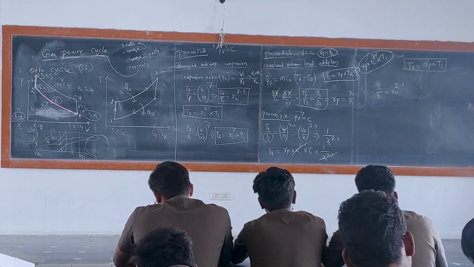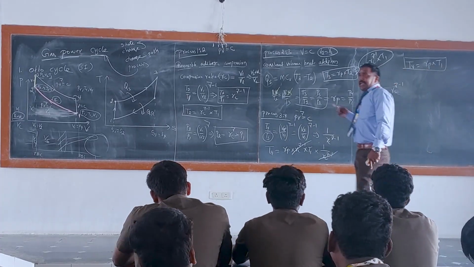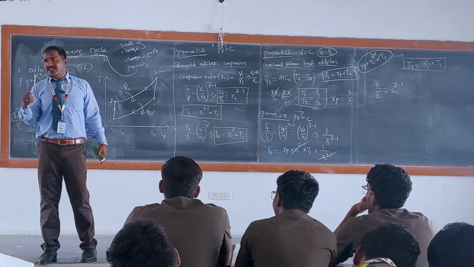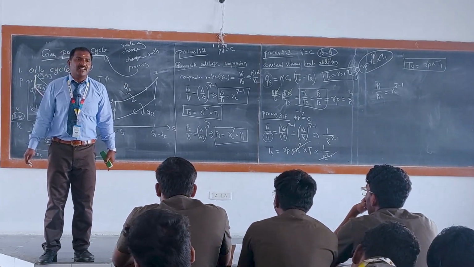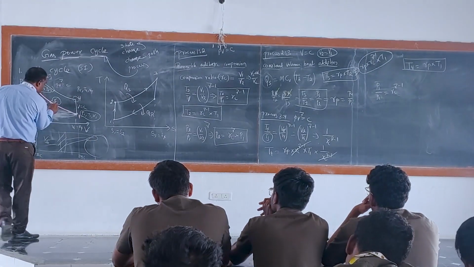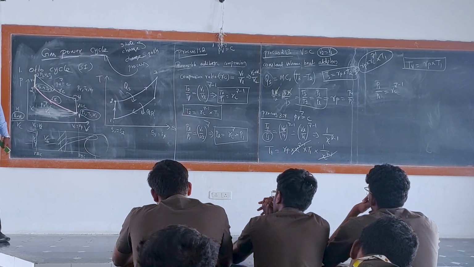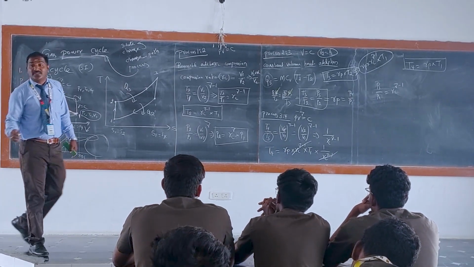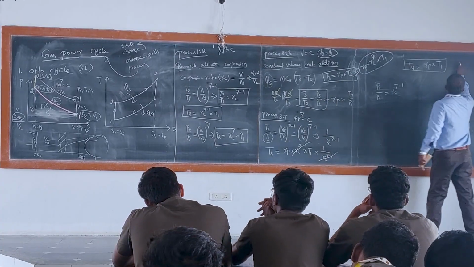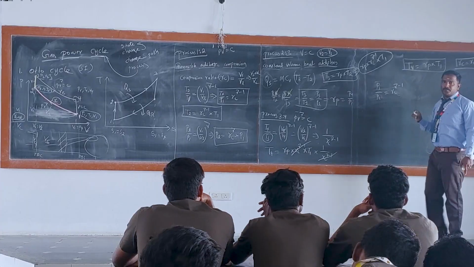At this place I want to inform you one more thing. In the Otto cycle, one thing is constant, a regular GATE question: the compression ratio and the expansion ratio are both the same, which means RC is equal to RE in the Otto cycle.